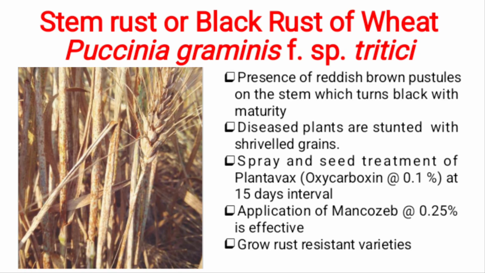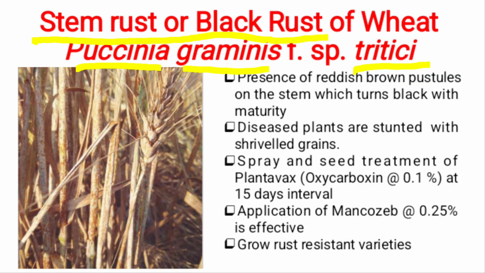This is the pathogen causing this disease, and it is known by two names: one is the black rust of wheat and the second is the stem rust of wheat. It is designated as the black rust of wheat because the important spores, the teliospores, are generally black in color after maturity.